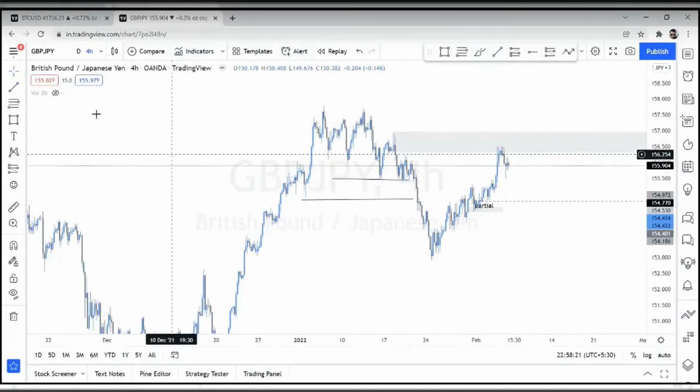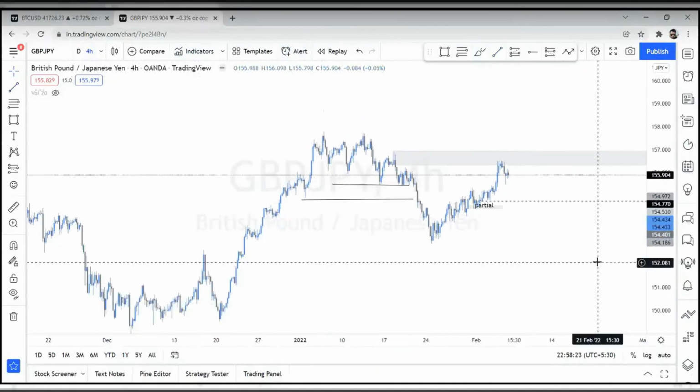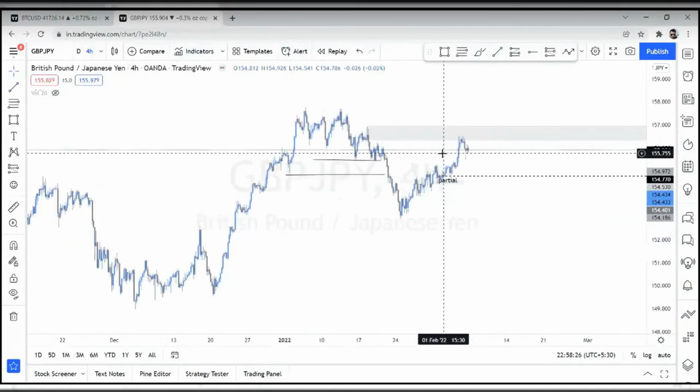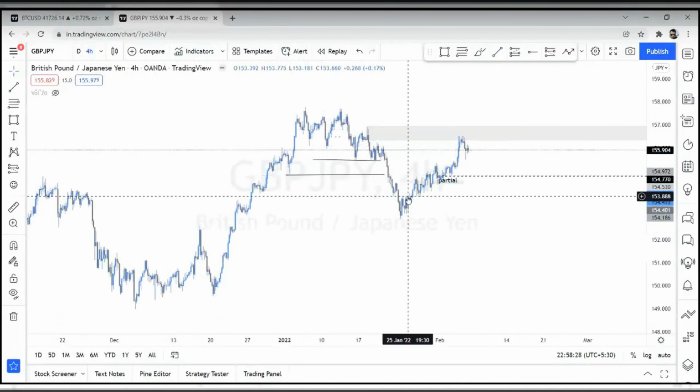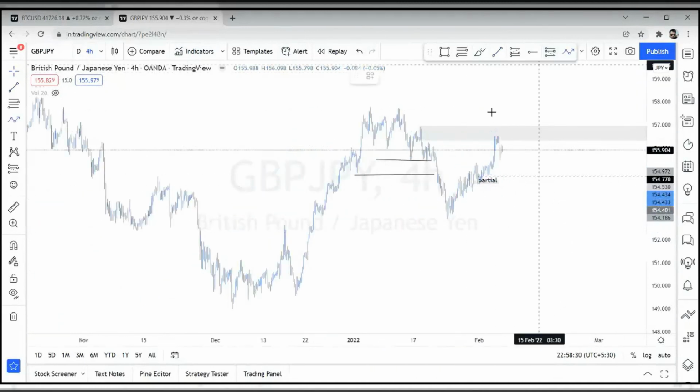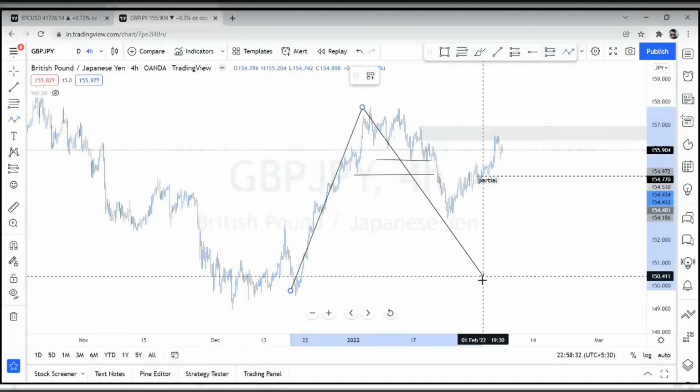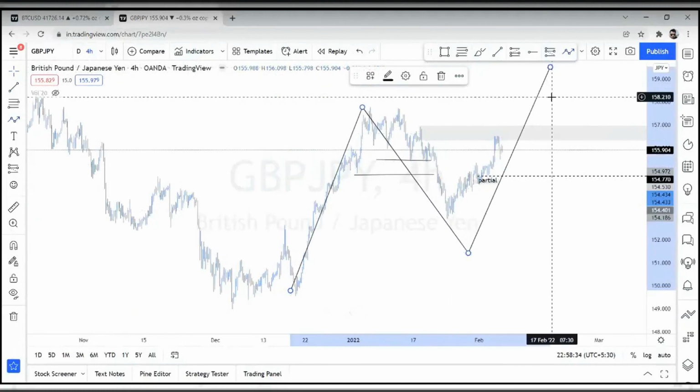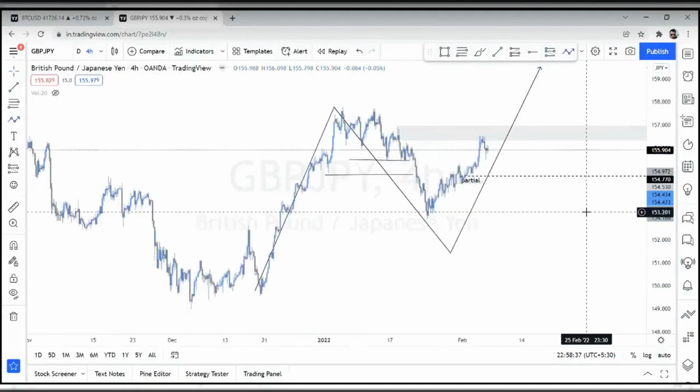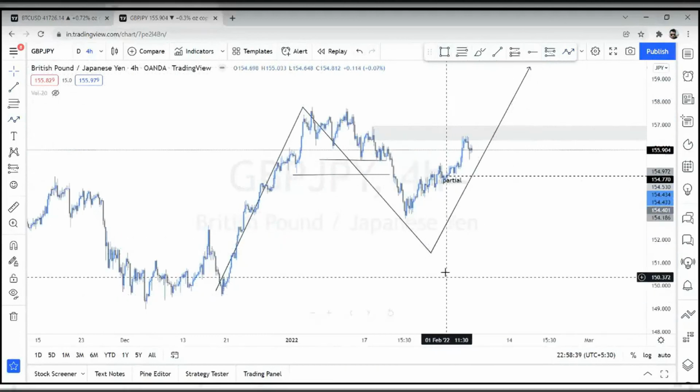But till where can we be bearish? That is the question. We can be bearish till here. Maybe this will happen, I don't know. Nobody knows except the institution. Why is this move? Because of this.